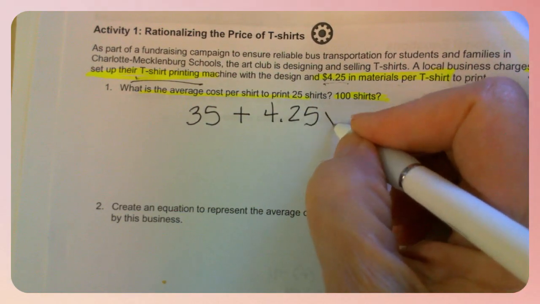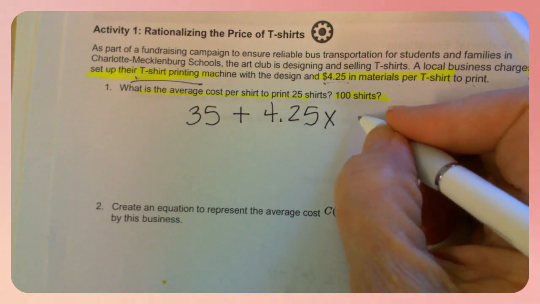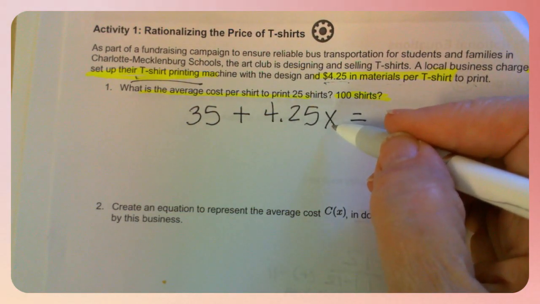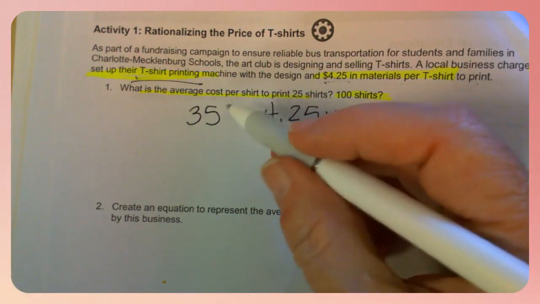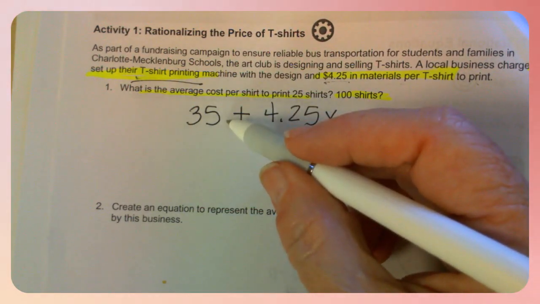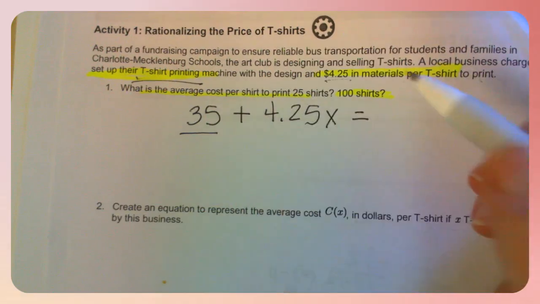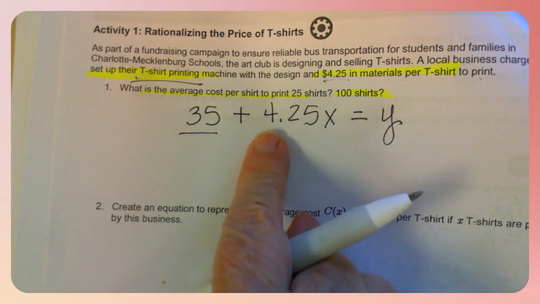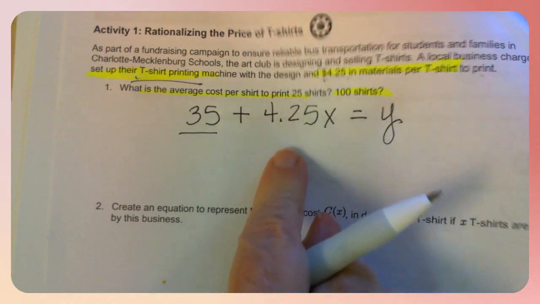I'm going to use x as the variable for shirts. If I have one shirt times $4.25, added to the $35 we paid to set up the machine, that gives us our output, or our y value, of $39.25 for one shirt.